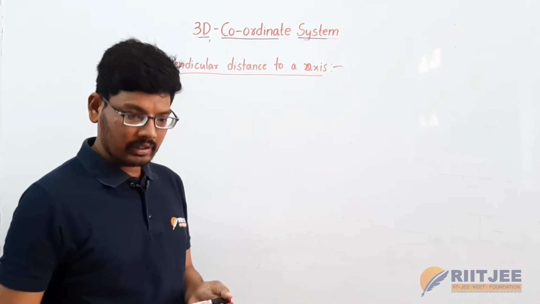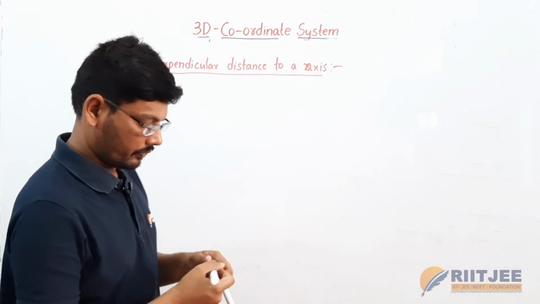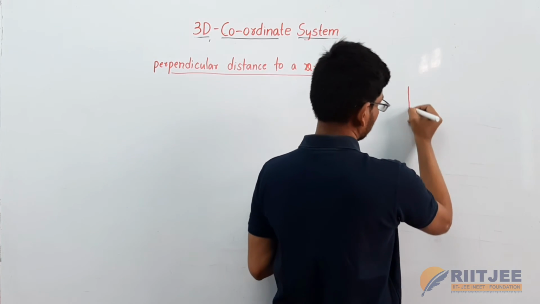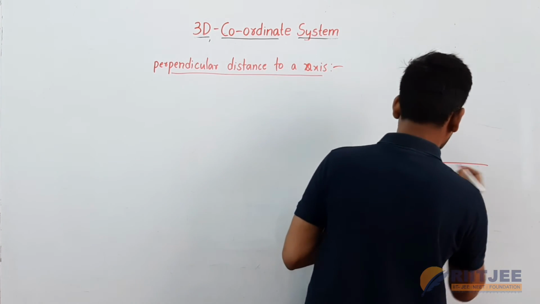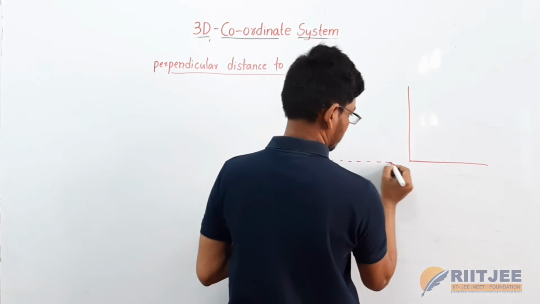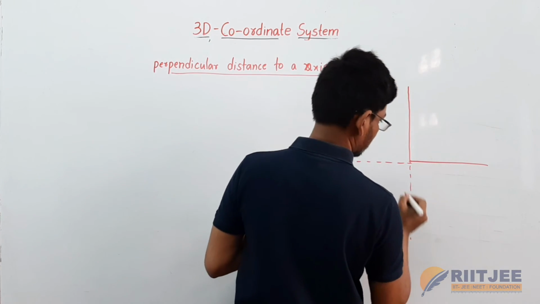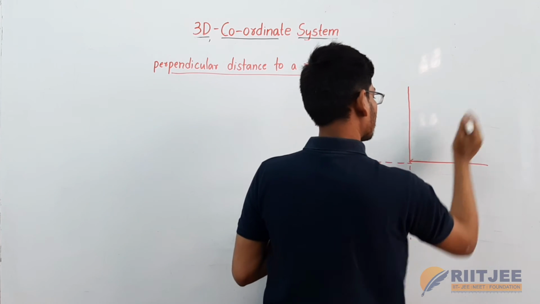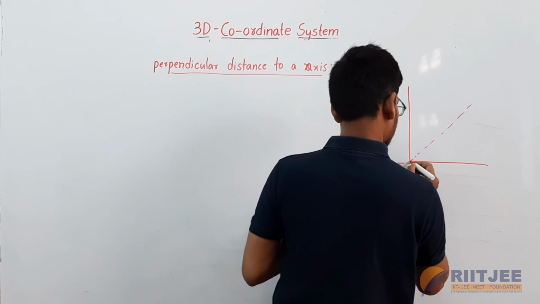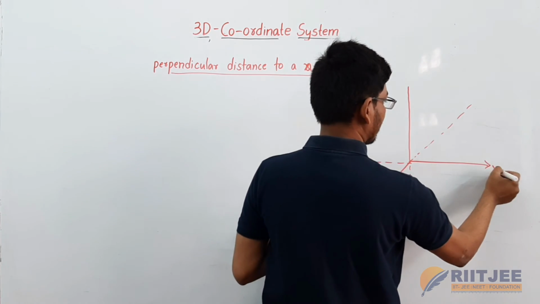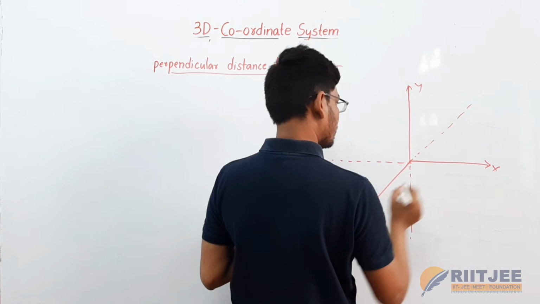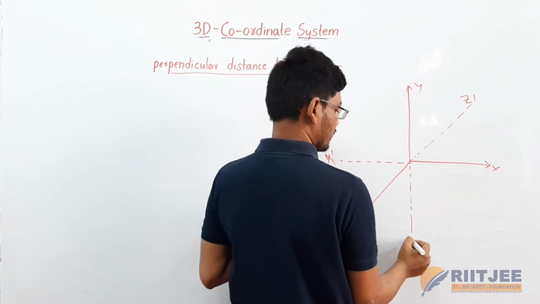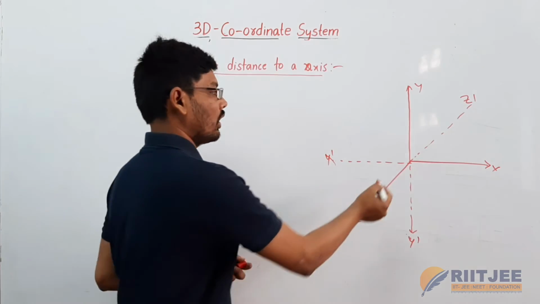If you take a point, it is in this 3D coordinate system, with axes x, y, z, and x dash, y dash, z dash. Here this is the origin.